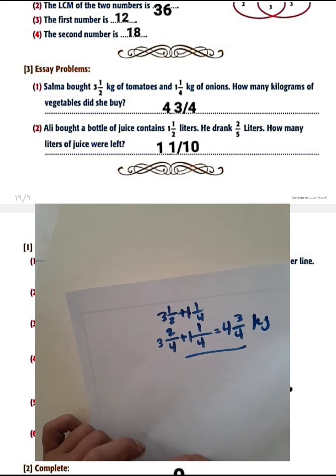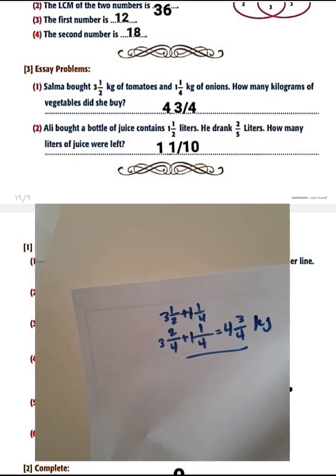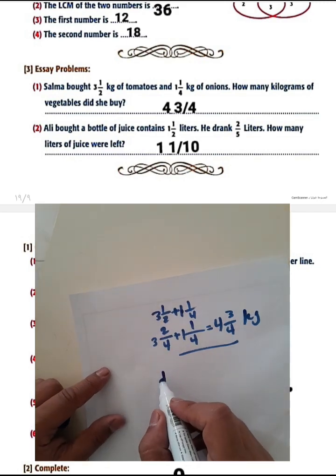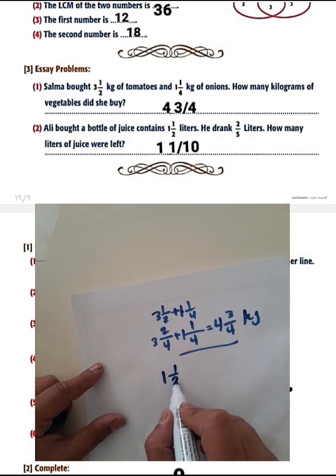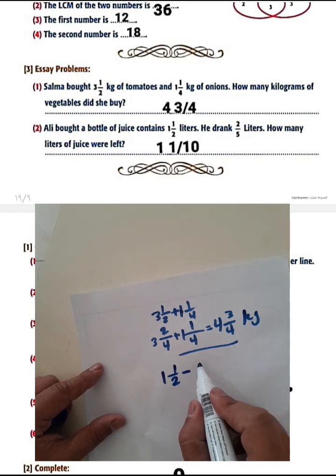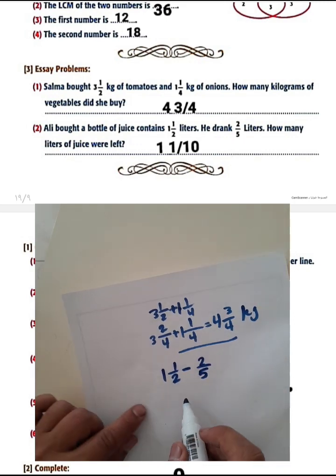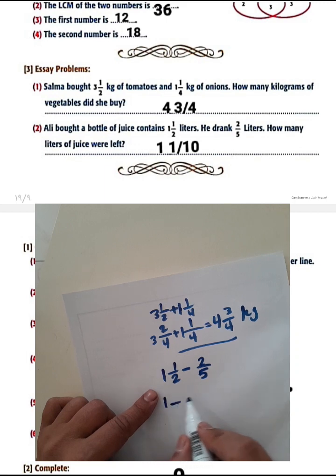Question number 2. Ali bought a bottle of juice that contains 1.5 liters. He drank 2/5 liters. How many liters of juice were left? Left means remainder. We can find the remainder between two numbers, 1 and 1/2, subtract 2/5. We can find the least common multiple between the two denominators here.